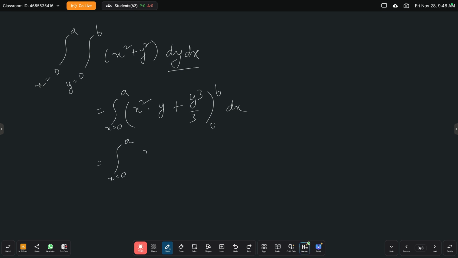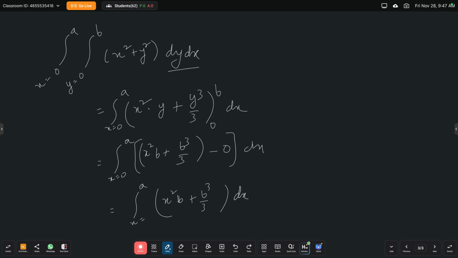The upper limit is b: x squared into b, plus b cubed by 3, and the lower limit gives 0. So the integral from x equal to 0 to a of x squared b plus b cubed by 3, dx.